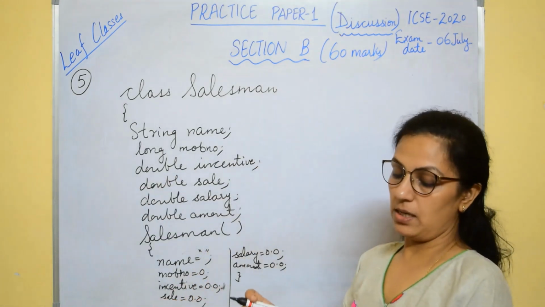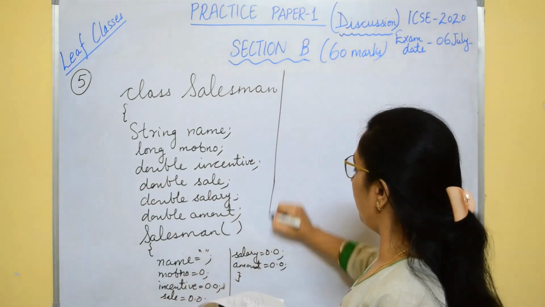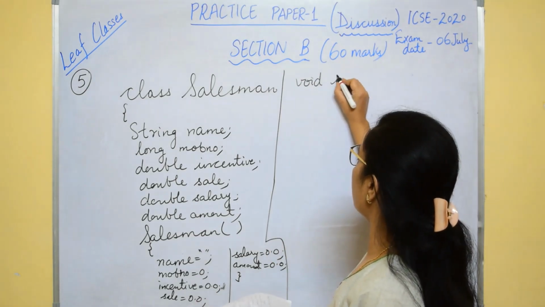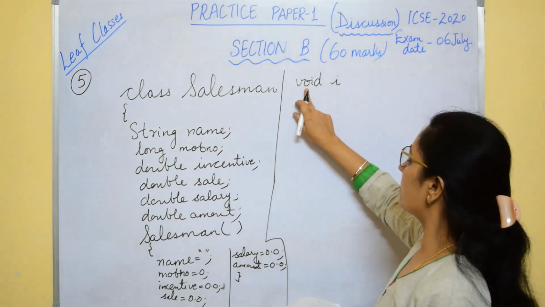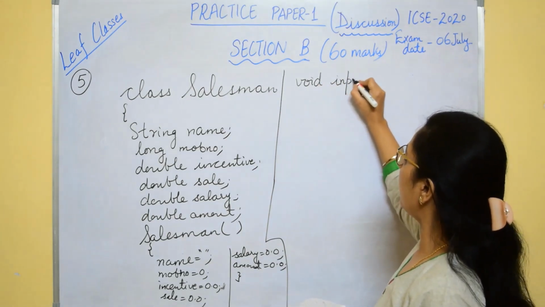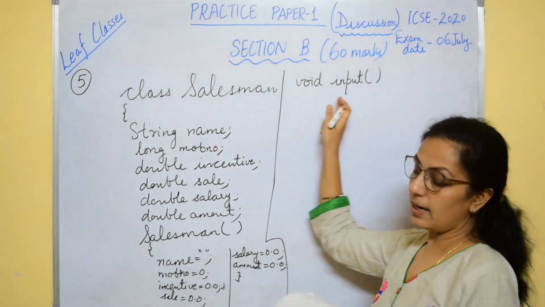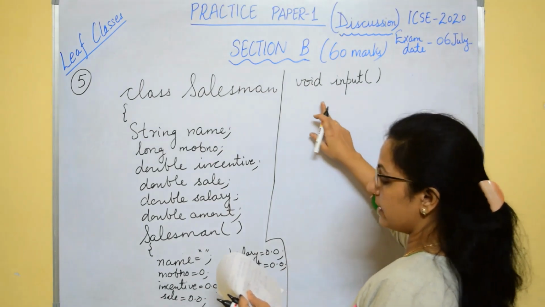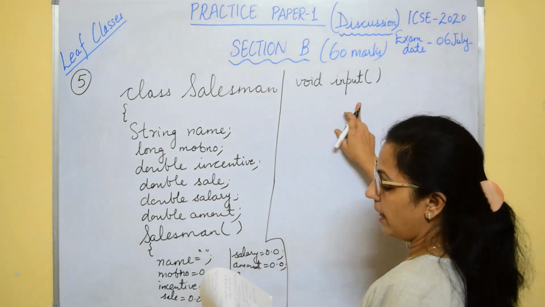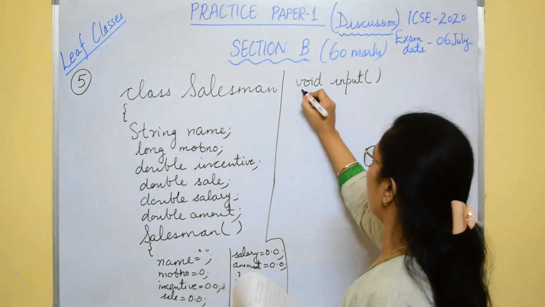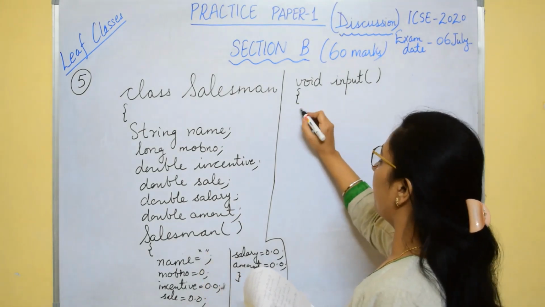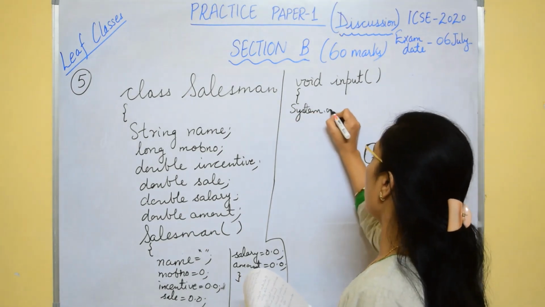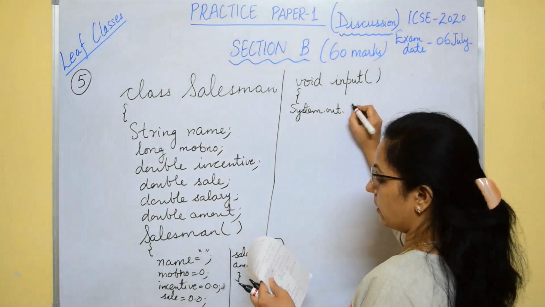The second member method is input. Void input. We always write the return type before the function name, and void before the function name indicates that this function will not return any value. The question says you have to input name, mobile number, salary and sales amount. So here you can give the print message to enter all these values, and then one by one we can give the input statement.